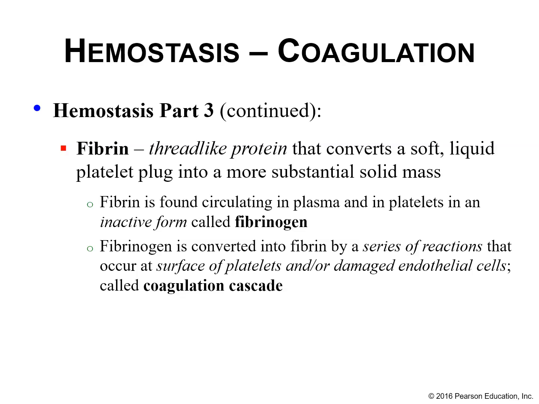Remember, fibrin is found circulating in the plasma as fibrinogen, which is the inactive form. Remember, OGEN always means it's the inactive form of the molecule. Fibrinogen is then converted into fibrin by a series of reactions that occurs at the surface of the platelet or the damaged endothelial cells of the vessel wall. And that's referred to as the coagulation cascade.